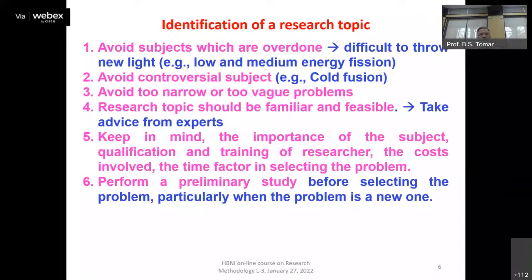And then avoid controversial subjects. For example, this cold fusion. Some of you may be knowing about cold fusion. The cold fusion was the fusion of deuterium and tritium or deuterium in the laboratory in an electrolytic cell.